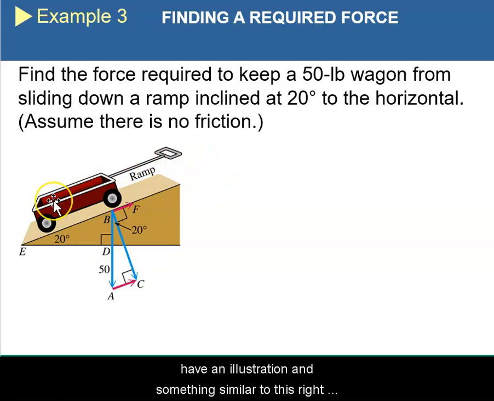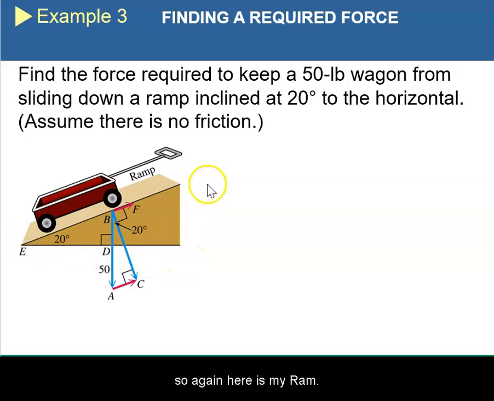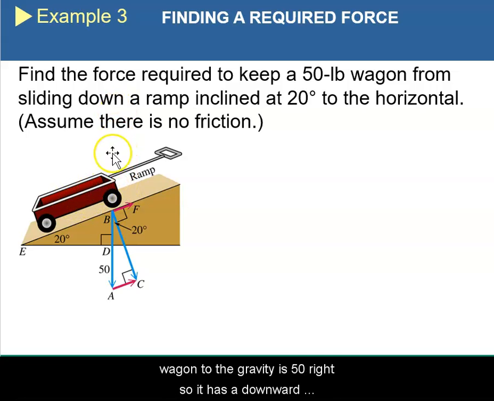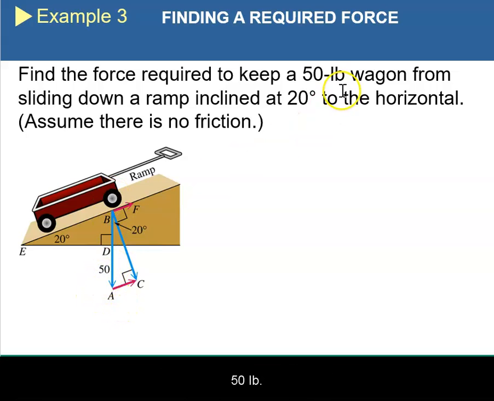But we should have an illustration of something similar to this. So again, here is my ramp. It has an angle of 20 degrees. The wagon is 50 pounds, so that means the force of the wagon due to gravity is 50. It has a downward weight towards the center of the earth, straight down, of 50 pounds.